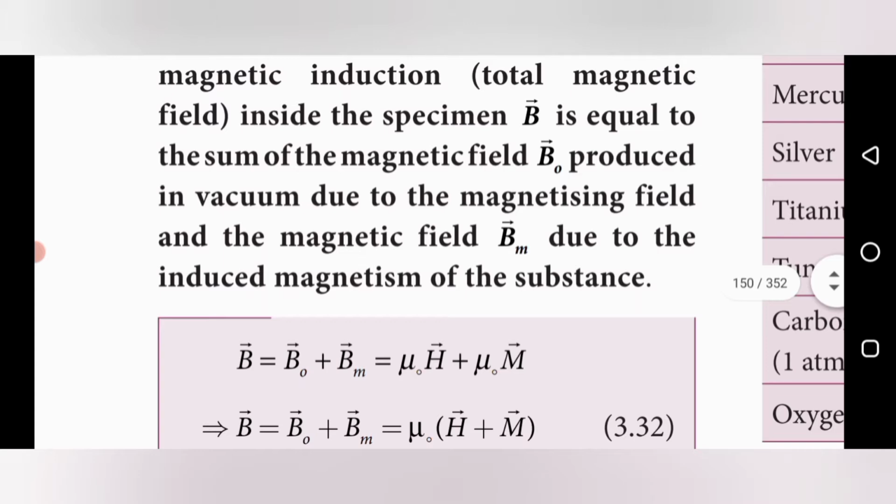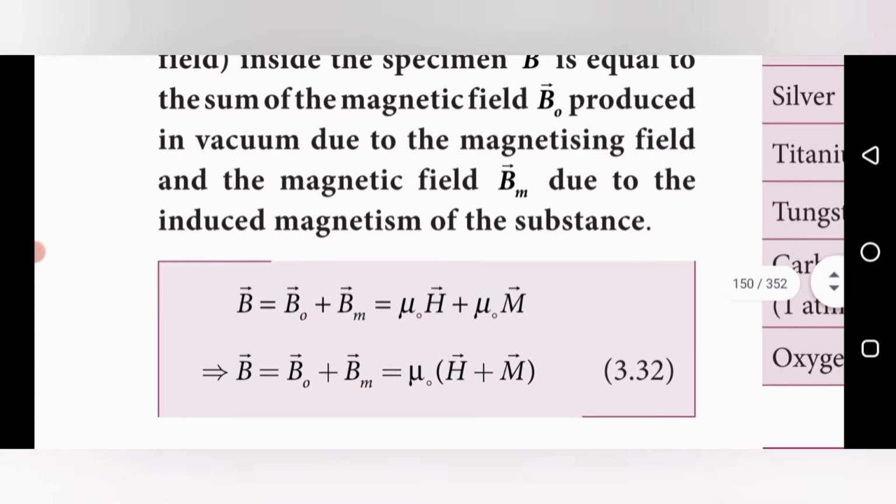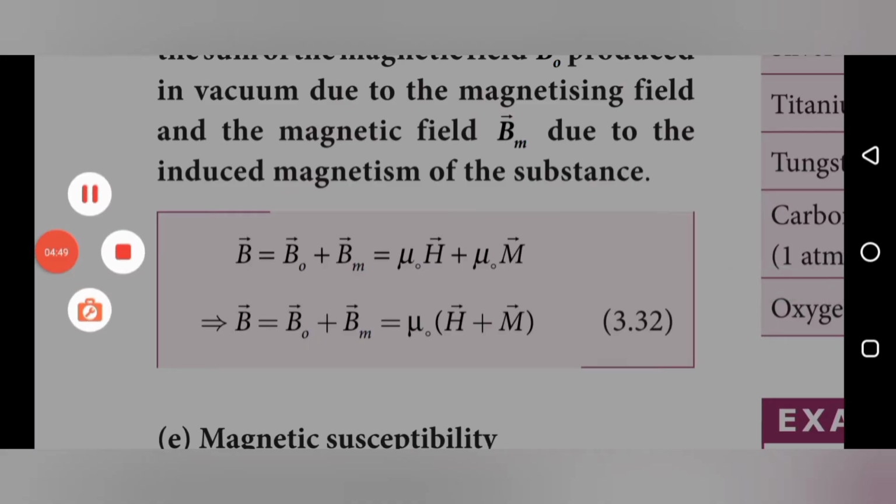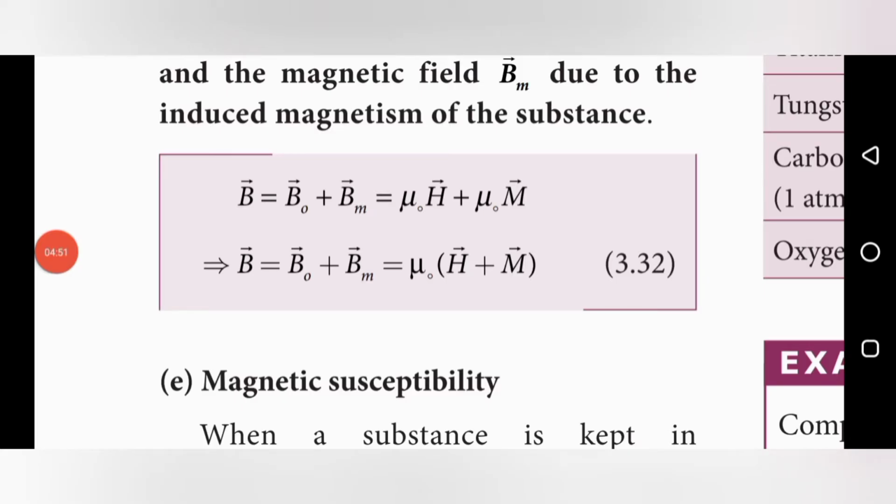Because of these two, we find B, the magnetic induction, is equal to B naught plus B_m.